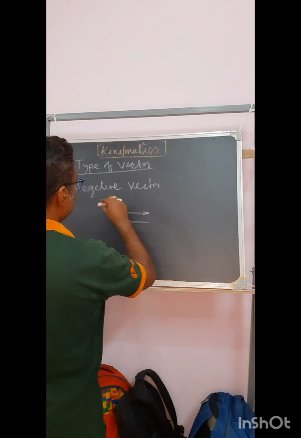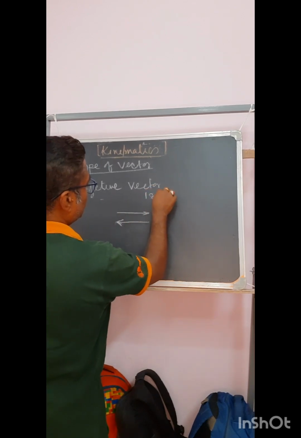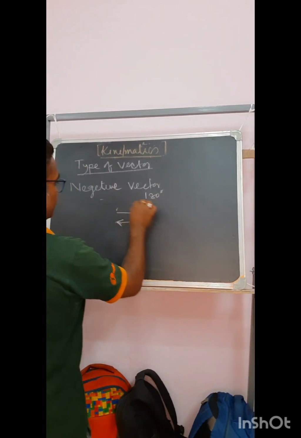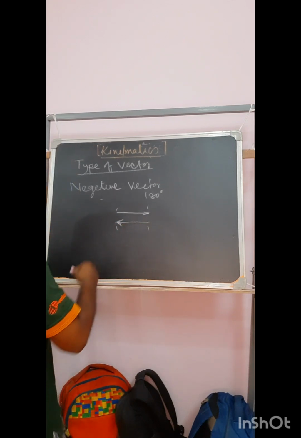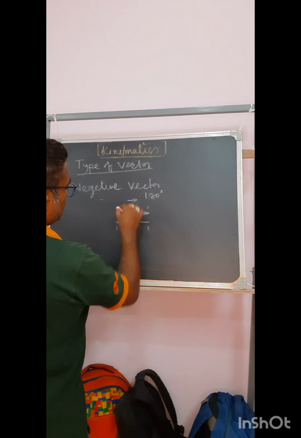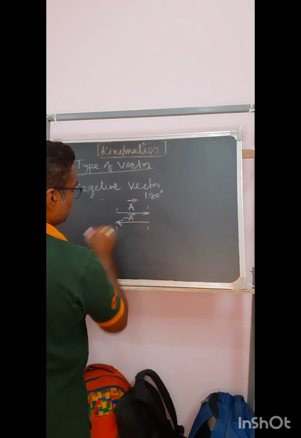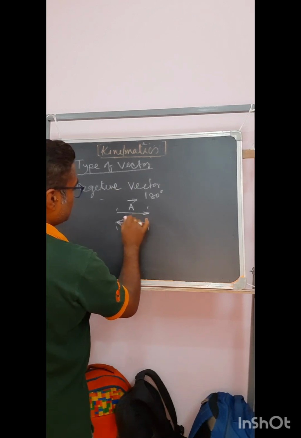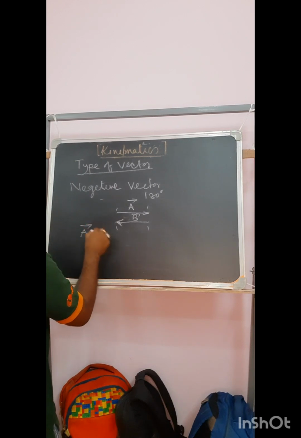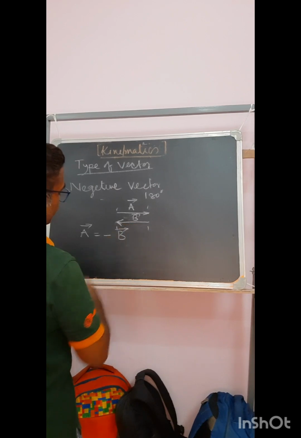Difference in direction means their directions are 180 degrees apart. In that case, if it is vector A, then the opposite vector can be represented as minus A. Or if I represent it as vector B, we can write vector A is equal to minus vector B.